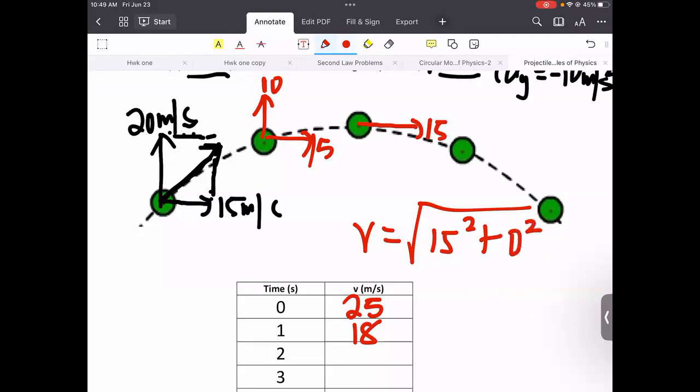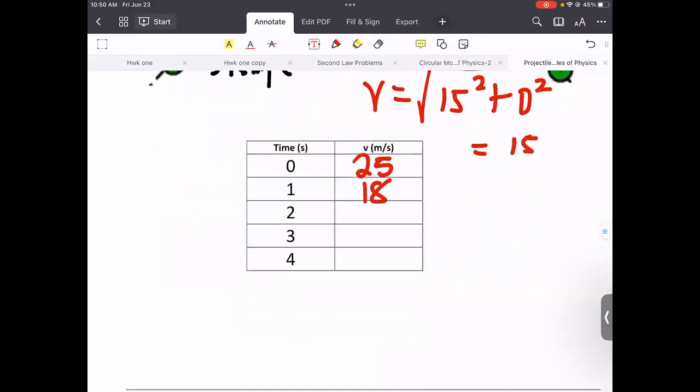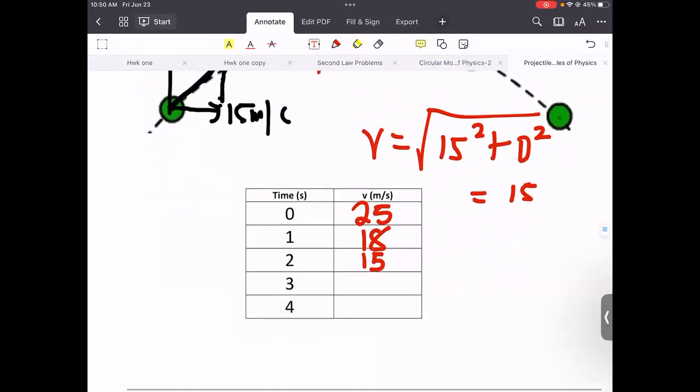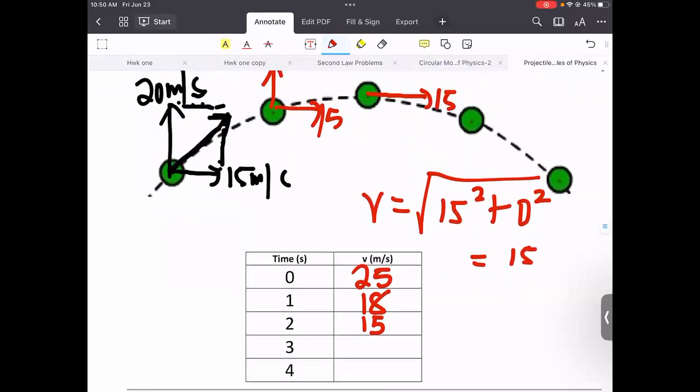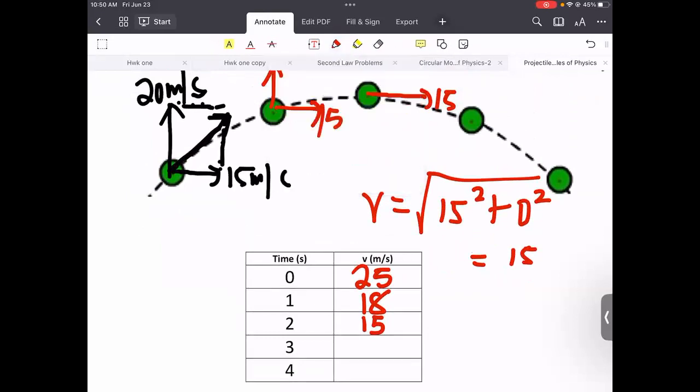So 0 squared. If you do this, you get 15. So that'll be the speed, the magnitude of speed at that point, 15. So that will be 15 here. All right. What do you think at point 3? What answer are we going to get? You can tell by looking at the symmetry of the problem, but let's do it.